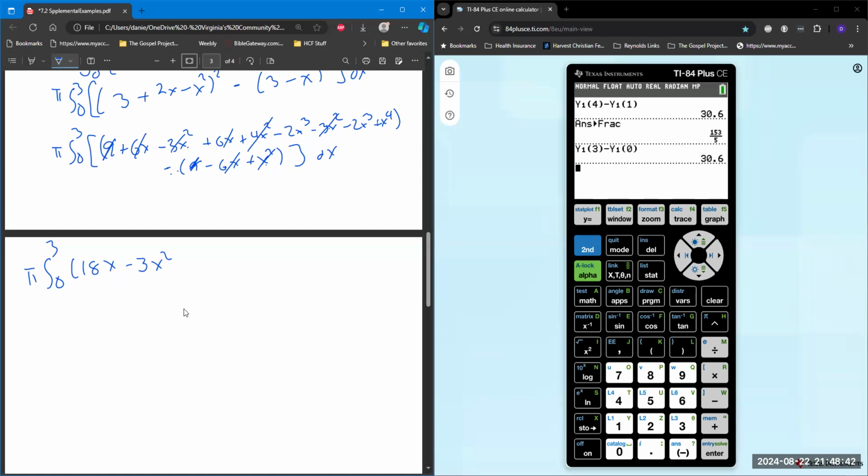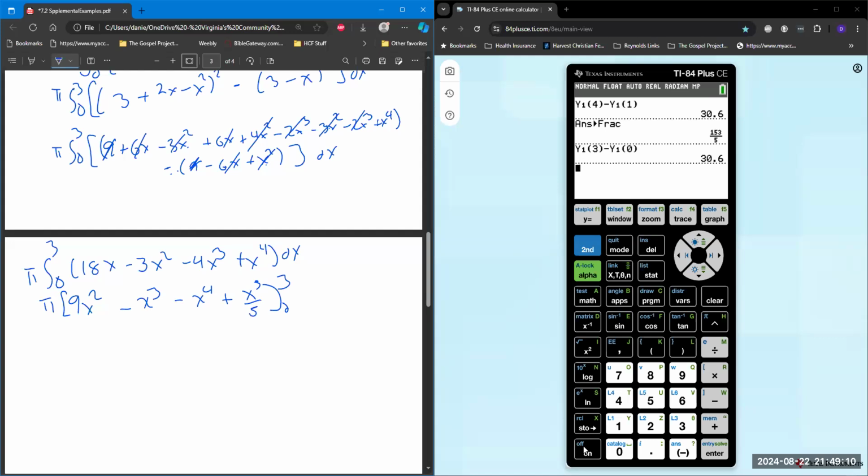All right. Now I have a negative 2, and a negative 2 is a negative 4x cubed plus x to the 4th dx. So that's 9x squared minus x cubed minus x to the 4th plus x to the 5th over 5, 0 to 3.